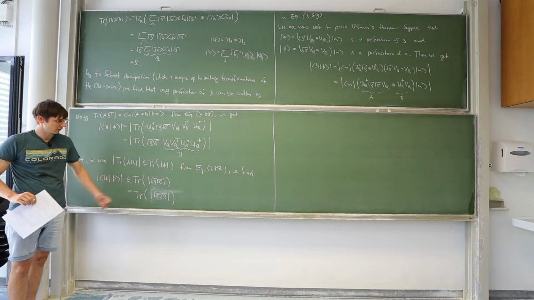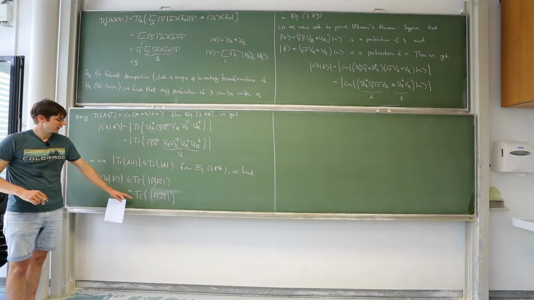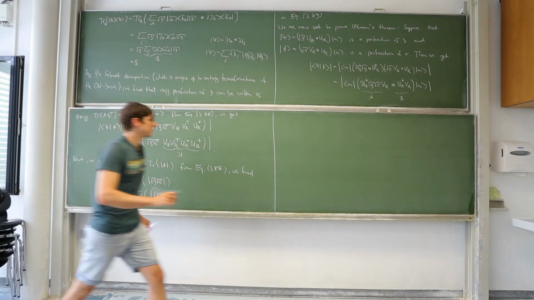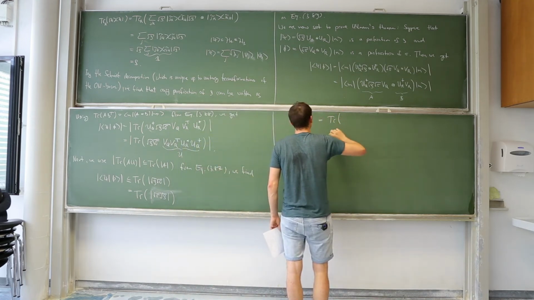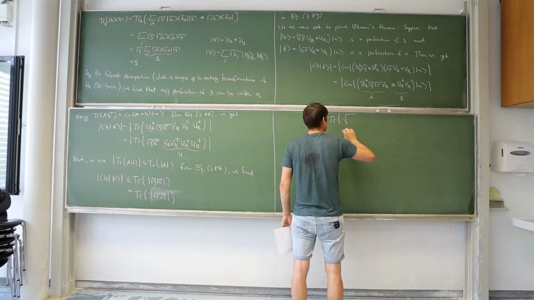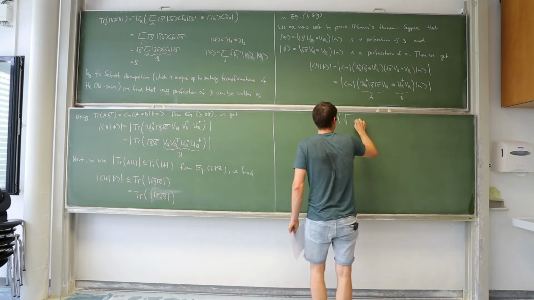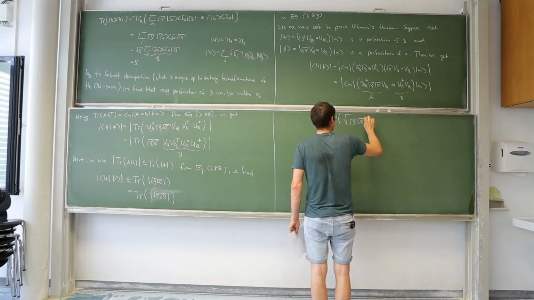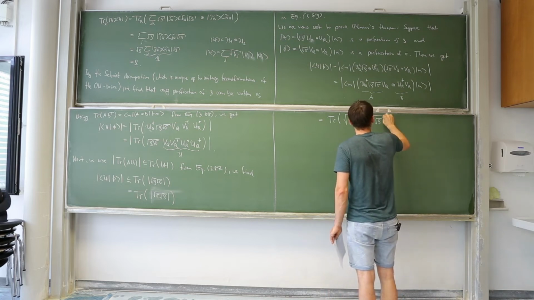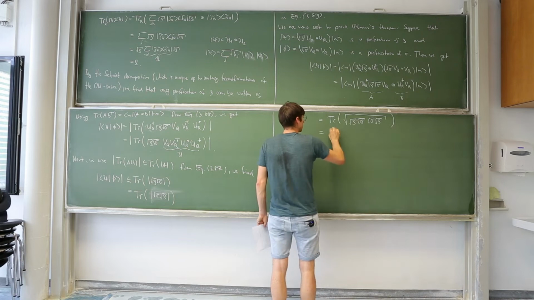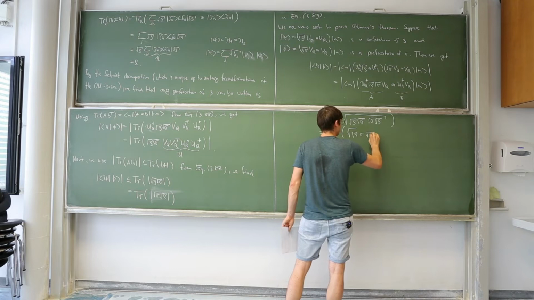Let's do this just to get to the original form that we had for the fidelity. Now we use the definition of the modulus of an operator, which gives us the square root, and then square root of this gives square root of rho, square root of sigma, and then we have square root of sigma, square root of rho, which is the trace of the square root of square root of rho sigma square root of rho.